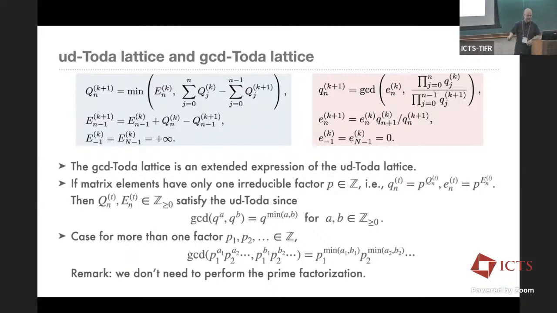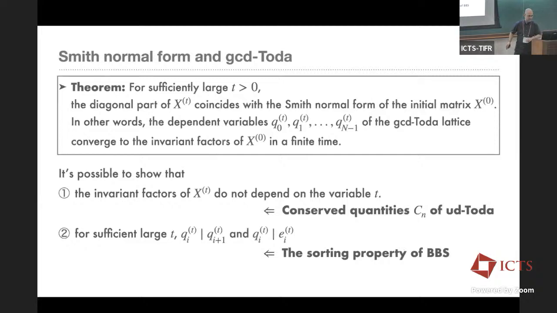But anyway, by using this GCD Toda we can perform some computation, and after it we can obtain the Smith normal form, or the invariant factors, of the corresponding integer matrix.